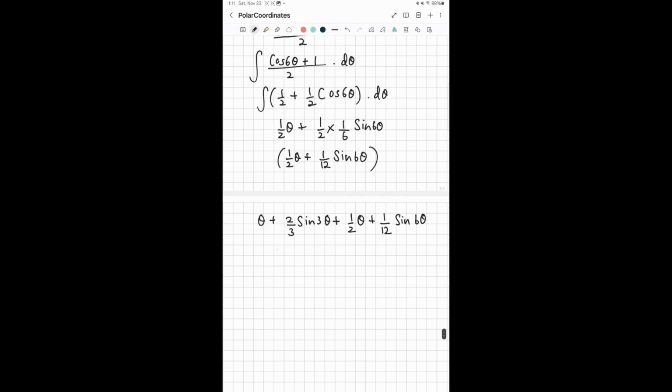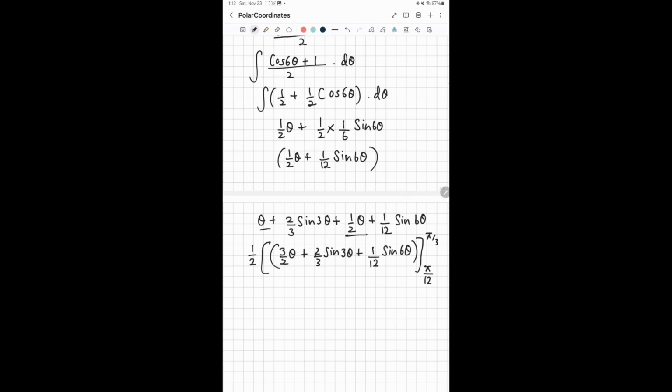So you can rewrite this as 3 over 2 theta, I'm just adding these two together, plus 2 over 3 sine 3 theta plus 1 over 12 sine 6 theta. Now we integrated it. Now let's put in our limits, pi over 3 and pi over 12.